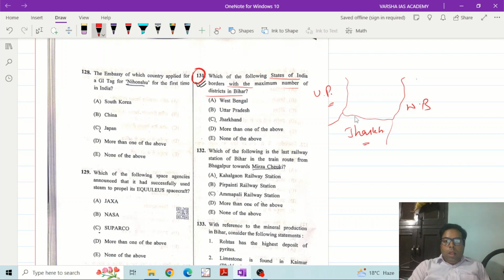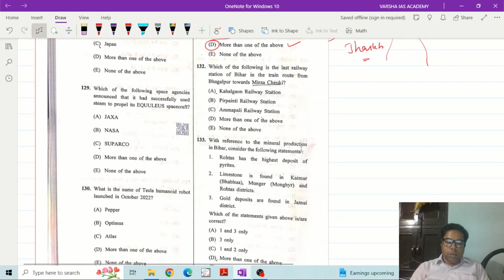The extension of West Bengal is from north to south, so this area of Bihar will have fewer districts. The options given are Jharkhand and Uttar Pradesh both, so there can be more than one of the above. These two states have the maximum number of districts, so the answer is D.